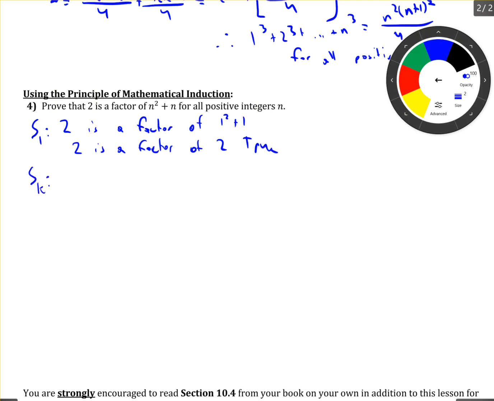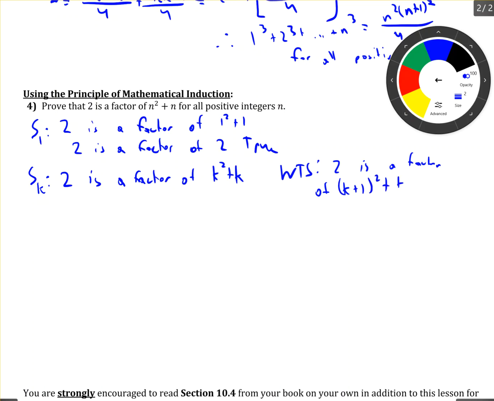For SK, we get to assume SK, so 2 is a factor of n squared, or sorry, k squared plus k. We want to show 2 is a factor of k plus 1 squared plus k plus 1.